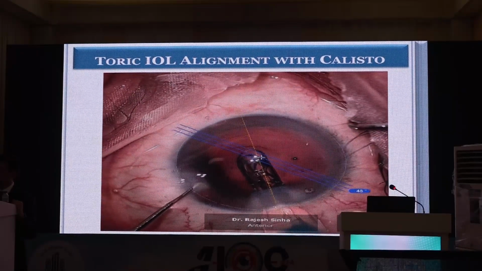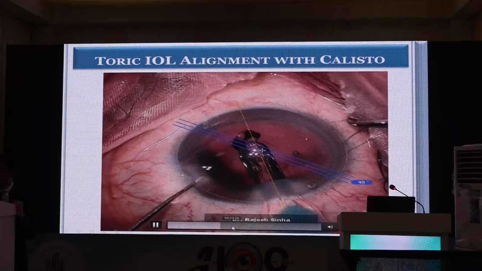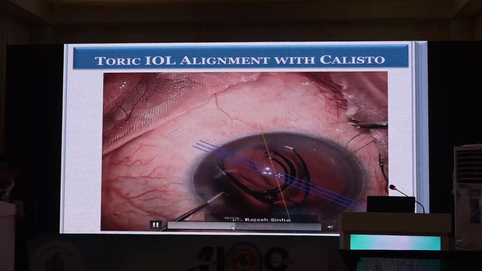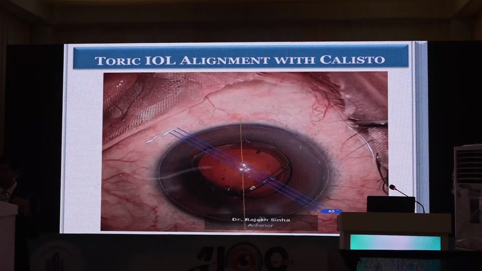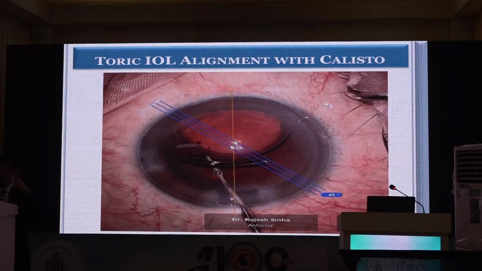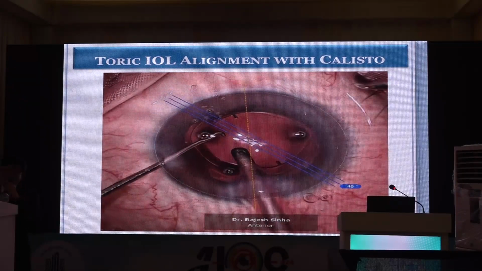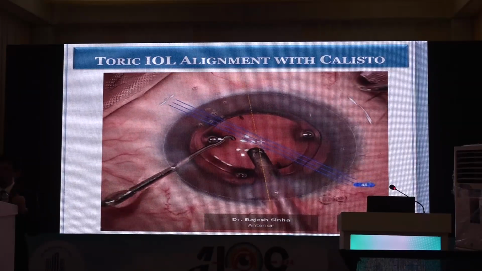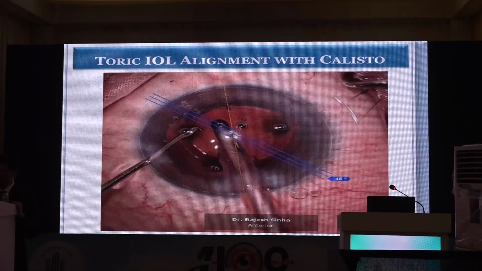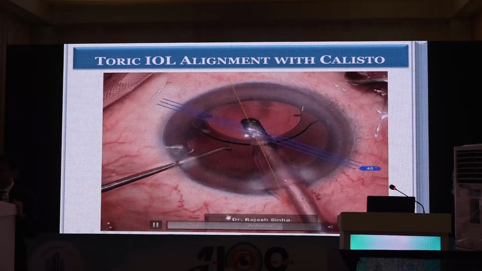Once you have implanted the IOL in the bag, you remove the viscoelastic from the front and from behind, and while removing the viscoelastic, if you are using coaxial, you can rotate the IOL, or bring the IOL close to the axis before removing the viscoelastic, and then remove the viscoelastic.